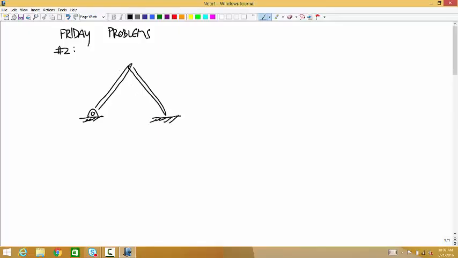Some things were specified about the angular velocity, and there were some external forces applied. I think there was one here and one here. And if you do this problem, you get that.